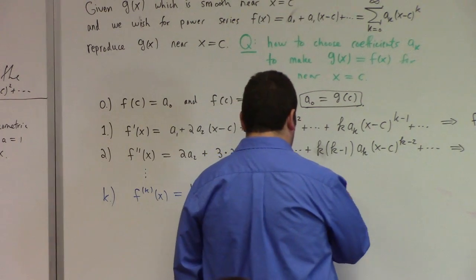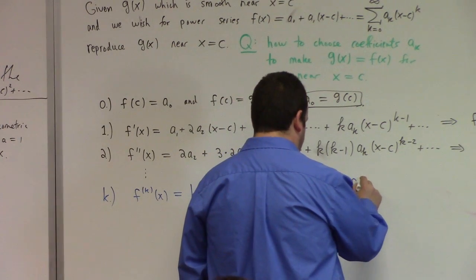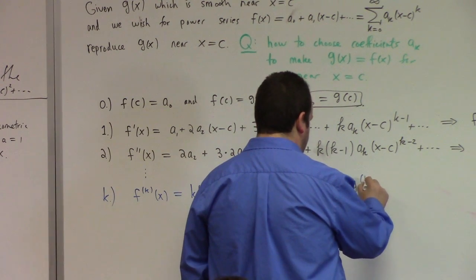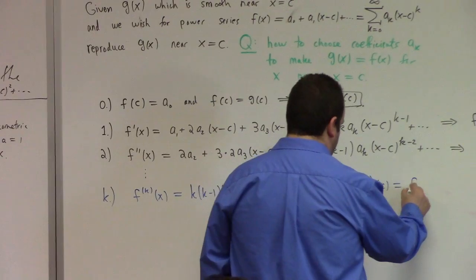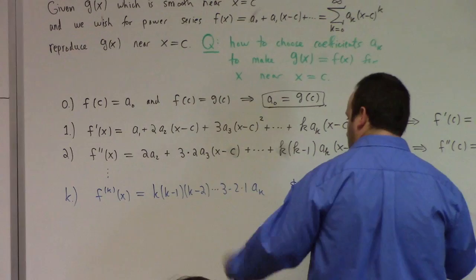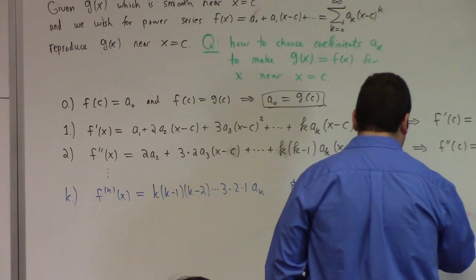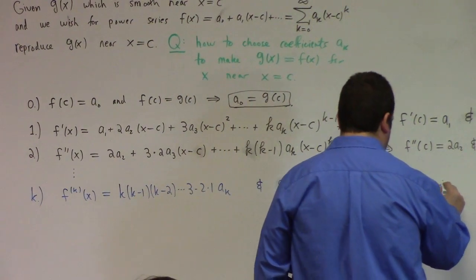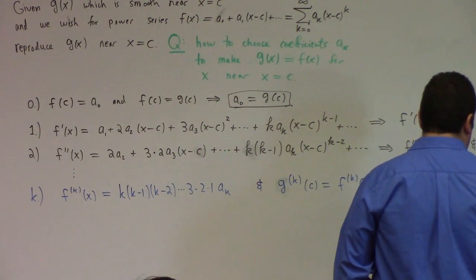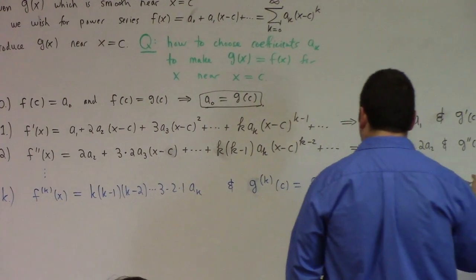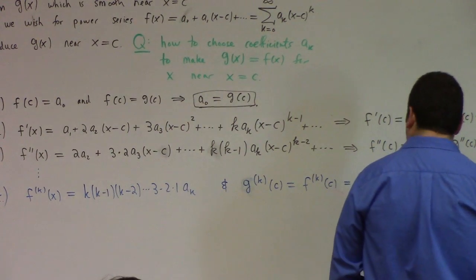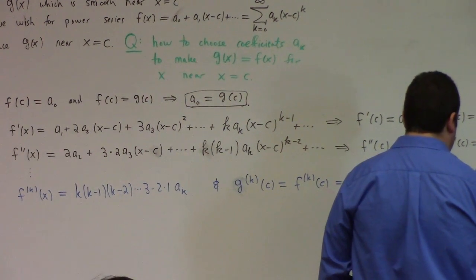And so, of course, we want the kth derivative of g at c to be equal to the kth derivative of the power series at c. But the kth derivative of the power series at c we just worked out is k factorial times a sub k. Therefore, a sub k is equal to the kth derivative of g divided by k factorial. Remember, I want to write my answer in terms of g because that's what's given.